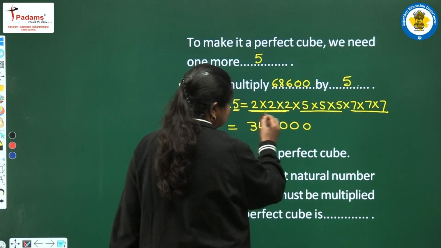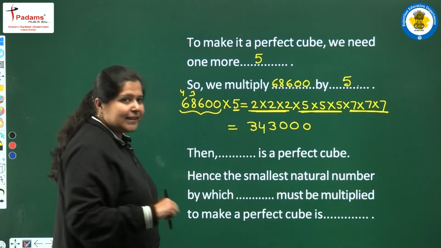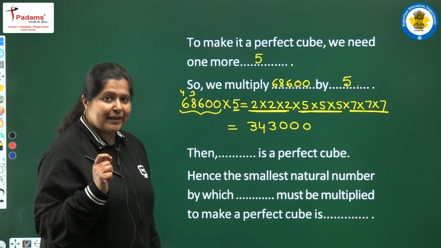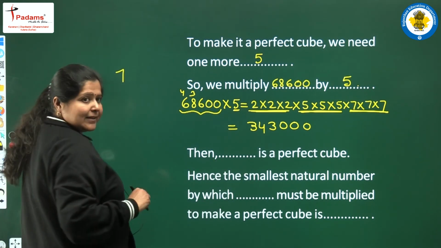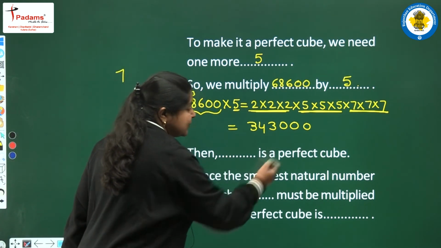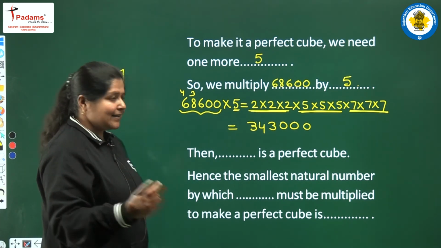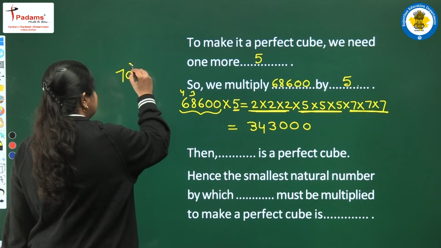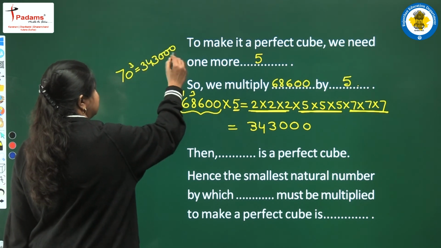You see, 2 is 3 times, 5 is also 3 times, and 7 is also 3 times. And can you tell whose cube this is? Just have a look. 343 is a cube of 7, and here we have 3 zeros. So 1000 is a cube of 10. So 70 cube is equal to 343 and 000.